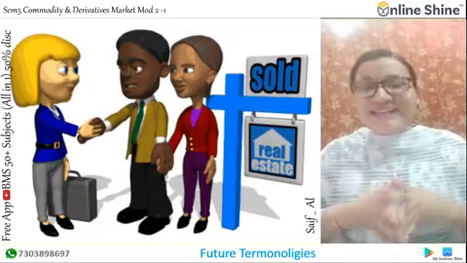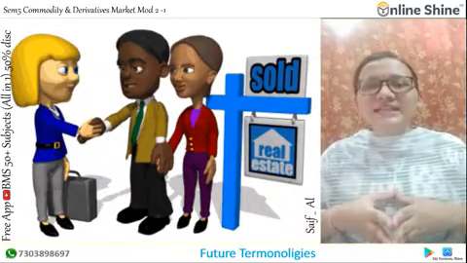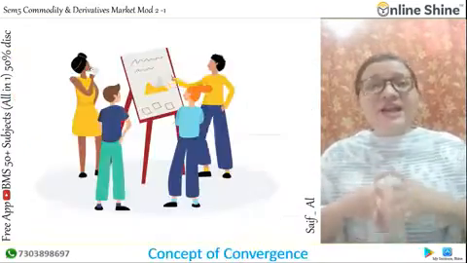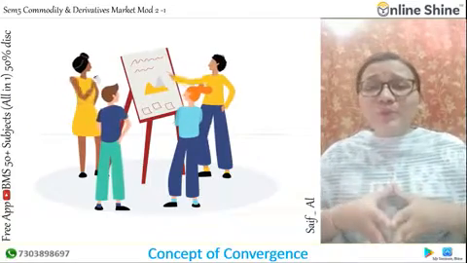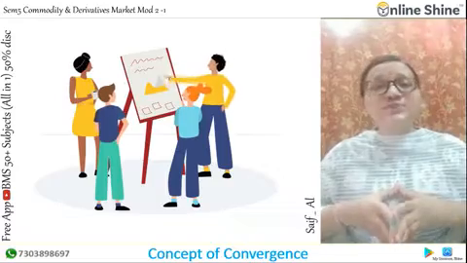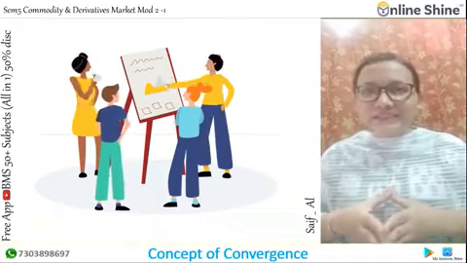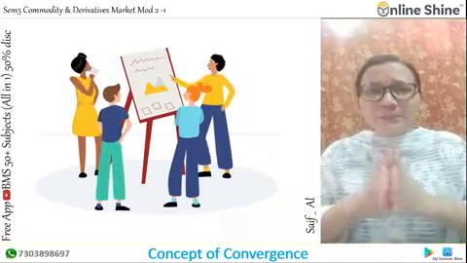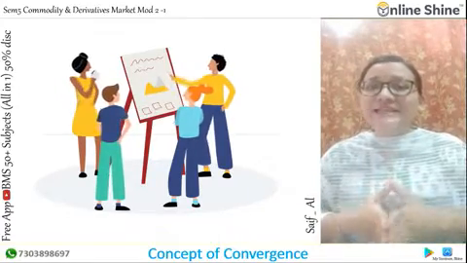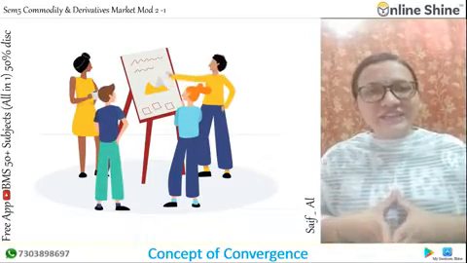So students, let's move on to the next segment, that is the concept of convergence. Convergence is the movement of the price of the futures contract toward the spot or cash price of the underlying commodity over time. The price of the futures contract and the spot price will be equal on the delivery date.